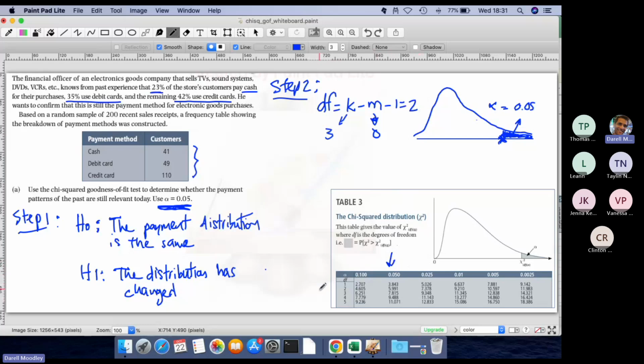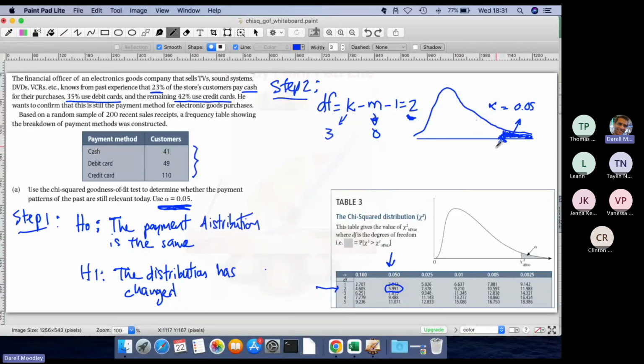The row will be where df is 2, as we just worked out here. So it's this row here. So where they intersect is here, 5.991.